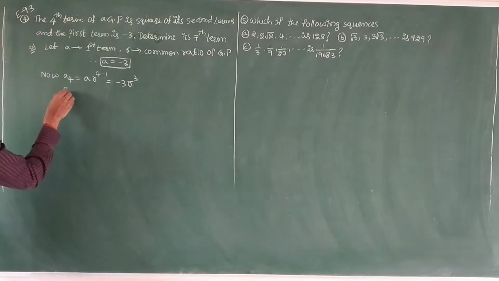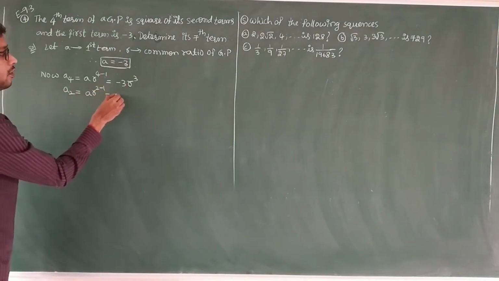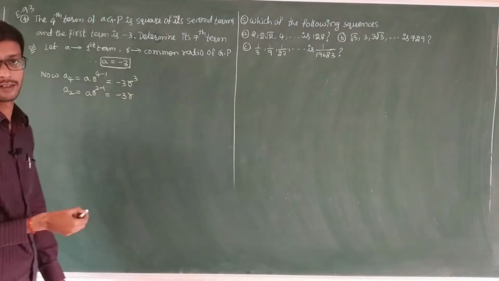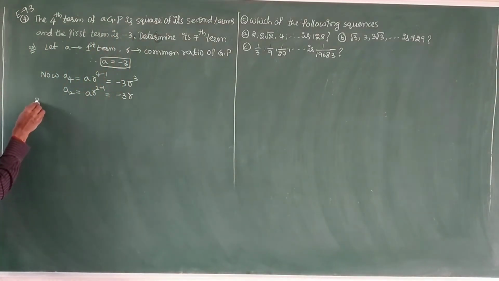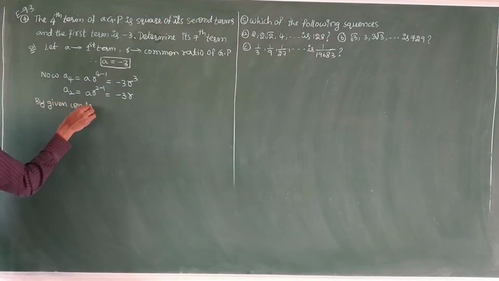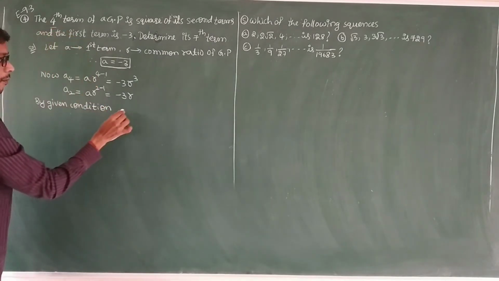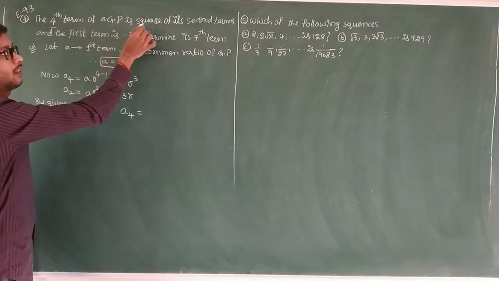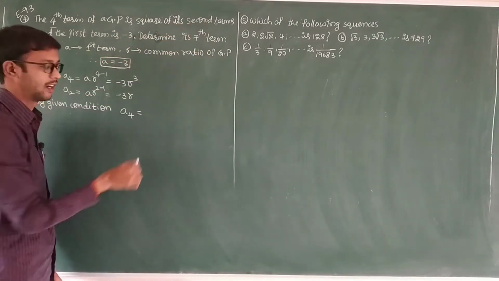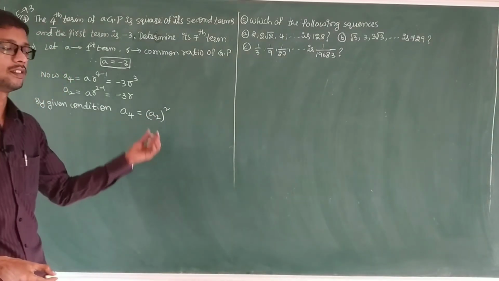Next, A2, the second term, is a r power 2 minus 1, which is -3r. By the given condition, what condition is given? The fourth term A4 is equal to the square of its second term.